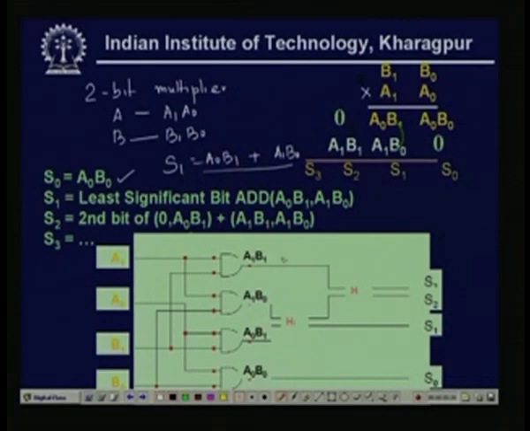So, if we now see what will be our S0? See, our S0 is simply A0 B0. A0 B0 means one simple AND gate.